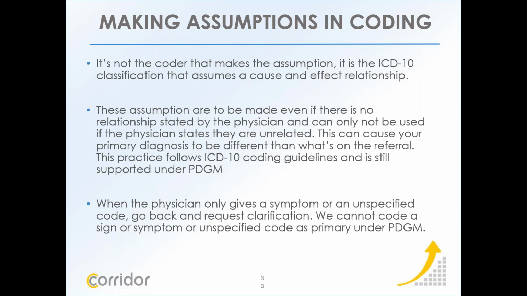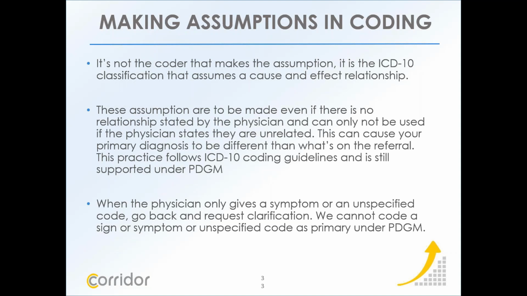So just a little follow-up, making assumptions for coding, just to make everyone aware. If you're looking at charts that are coded, or you're a clinician in the field signing off on codes that are coming back, those crazy times when you say, oh, congestive heart failure is the reason why I'm admitting this patient, but it comes back and hypertension is listed as primary. Why are they doing that? That's because of the assumptions that the ICD-10 code set makes. So it's important to reiterate that the ICD-10 classification, the code set itself, assumes the relationship.